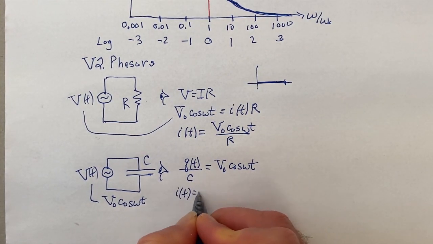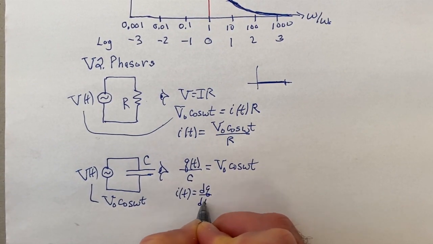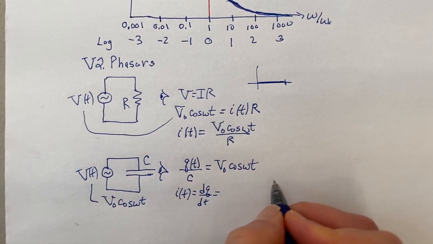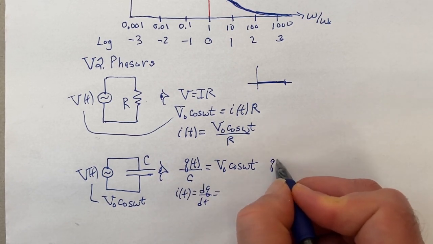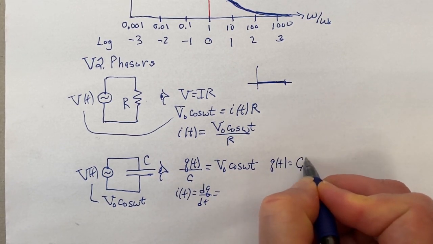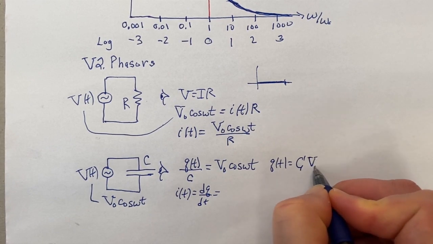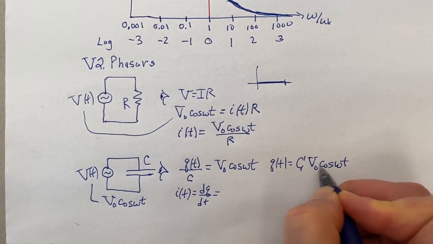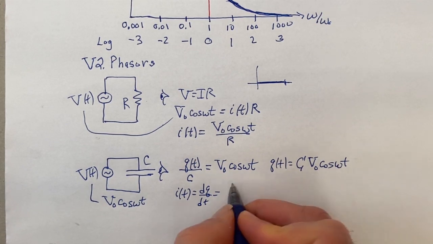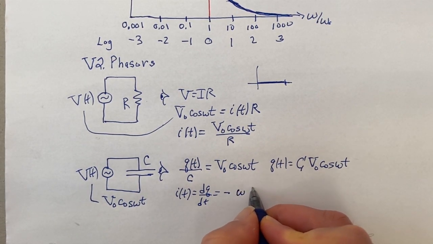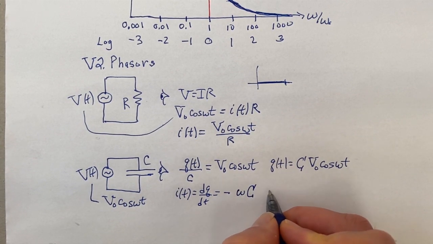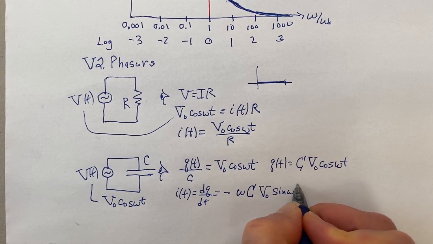So the current would be the derivative of Q with respect to t. So if we look at the Q first and move that C over to the right-hand side, we have this for the charge, and then we take the derivative. We're going to get here a minus omega popping out, and the C will still be there, and the V naught will be there, and you'll have a sine.